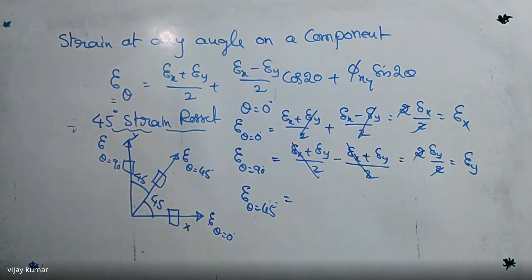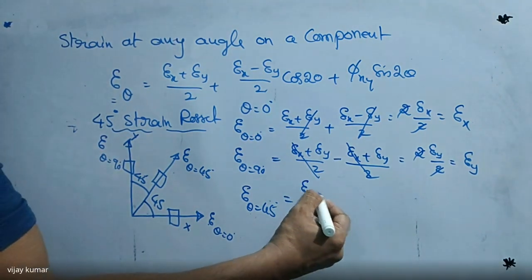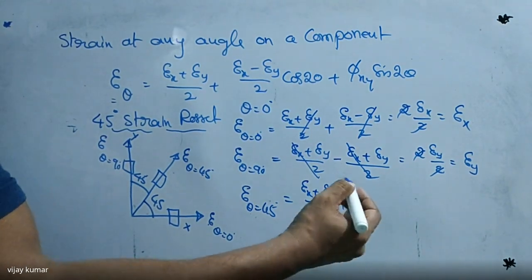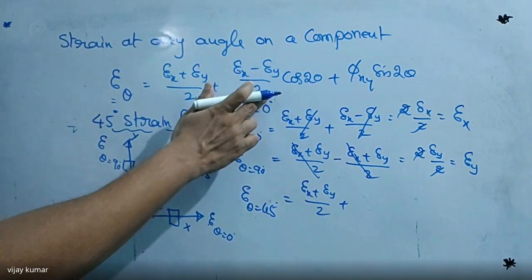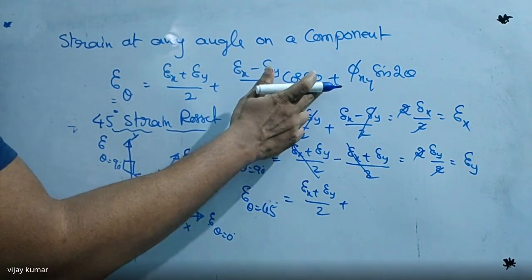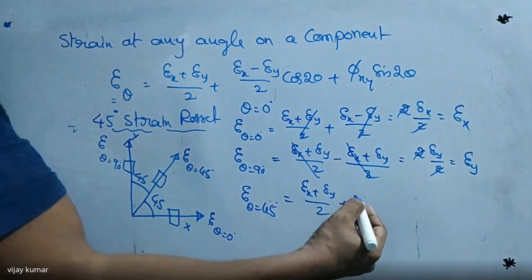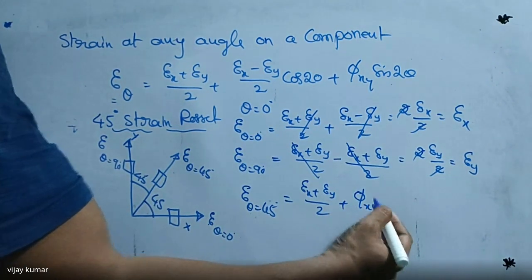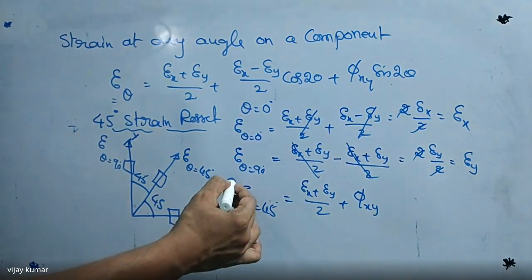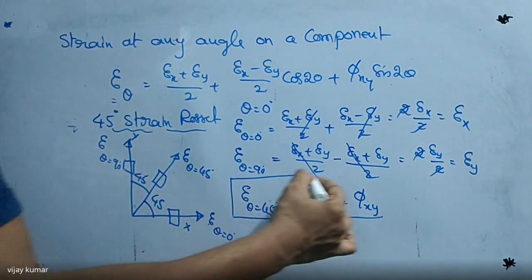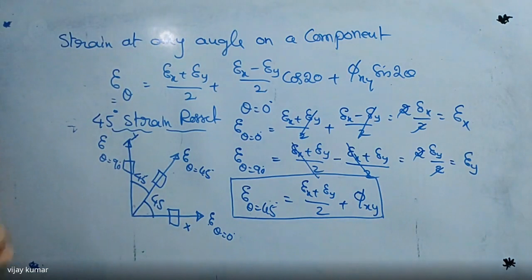Here we are writing epsilon x plus epsilon y divided by 2 plus epsilon x minus epsilon y divided by 2 into cos 2 into 45, cos 90. Cos 90 is nothing but 0, but sin 90 is 1. Then we are getting how much? Phi xy. So this is the value of strain at an angle of how much? 45 degrees. Did you get my point?